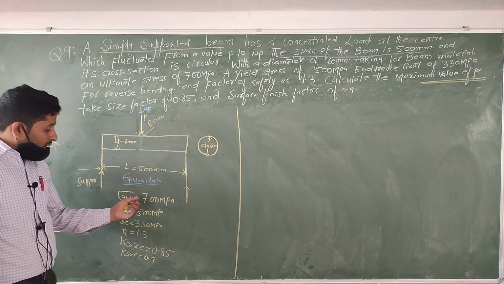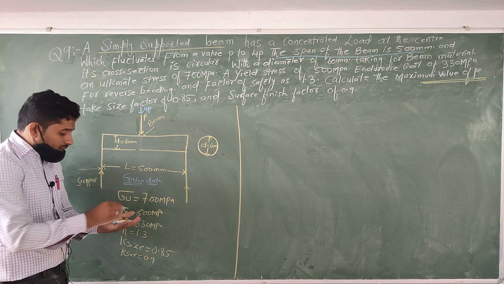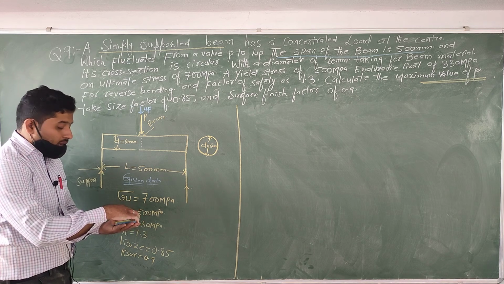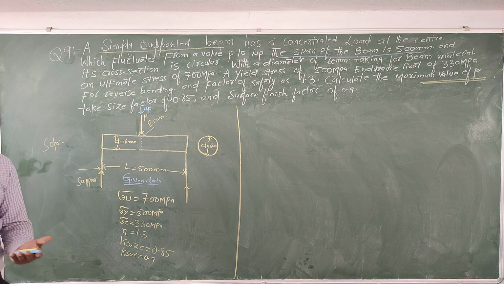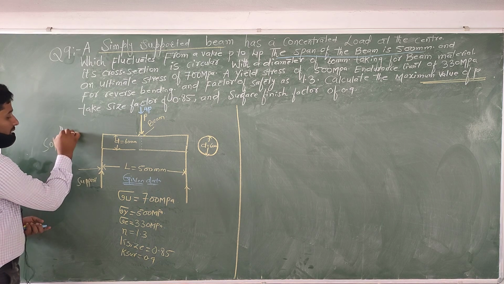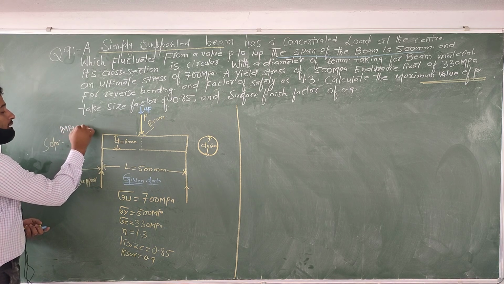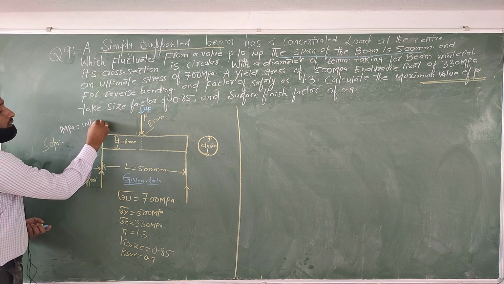Here the ultimate stress is given as 700 megapascal, but we want to convert it into Newton per millimeter square. We know very well that 1 megapascal is equal to 1 Newton per millimeter square.